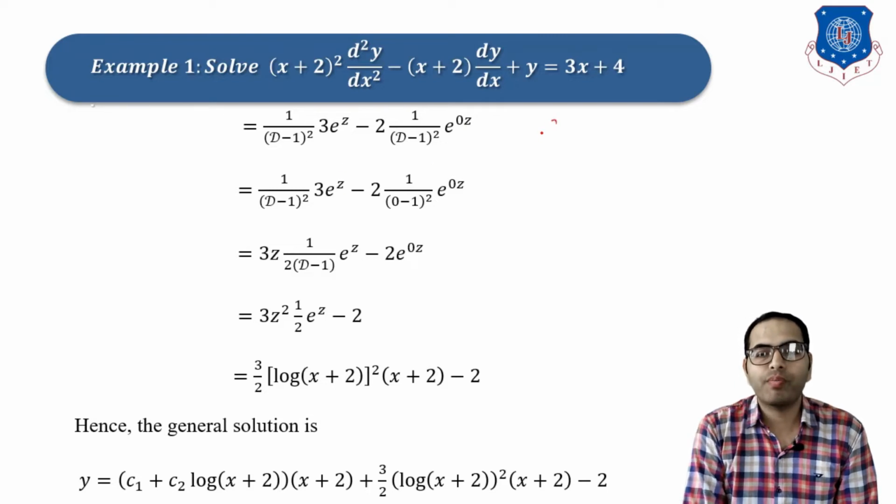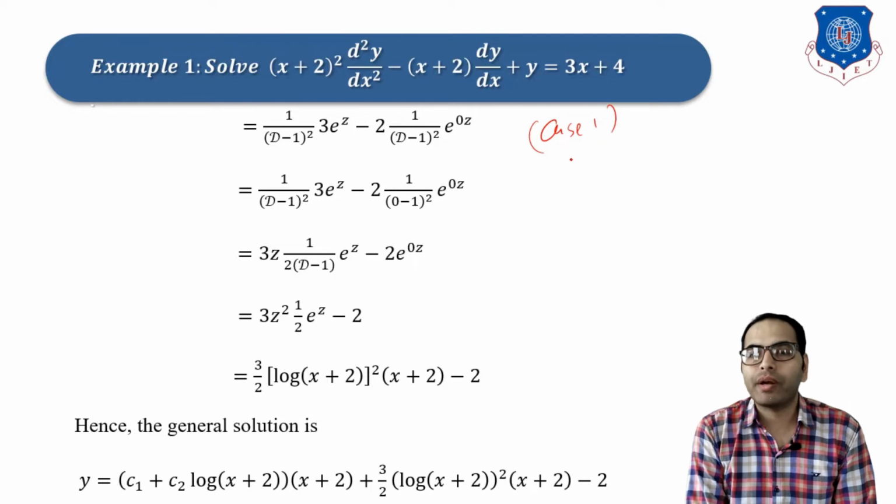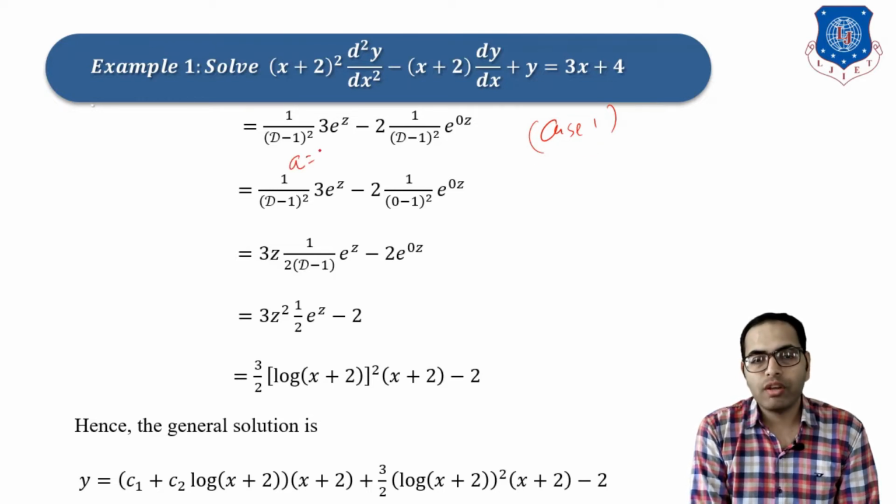Now with the help of case 1 of the shortcut cases for finding the particular integral, in the first term a = 1, in the second term a = 0. Replacing D by a, 1 - 1 becomes 0.